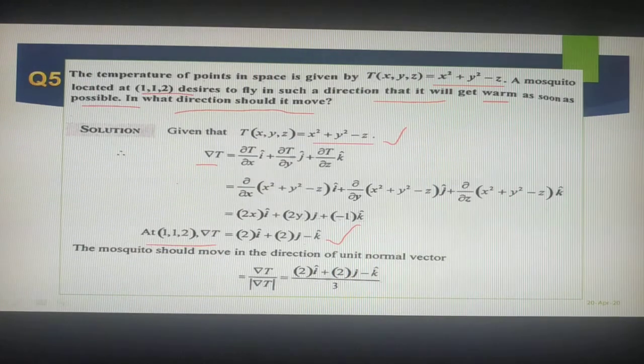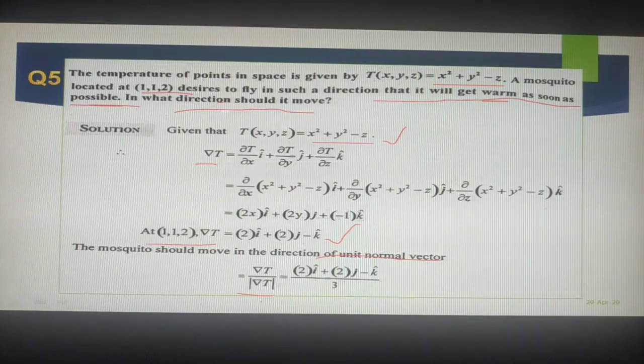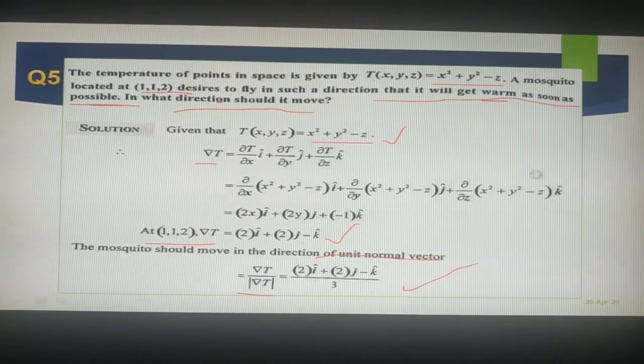So what they ask you is that it should get warm as soon as possible, which means it should take the maximum change. So when you get the maximum change, you should take the unit normal vector. So what is the formula for the unit normal vector? It's very simple, del T by mod del T. Okay, already we know this.